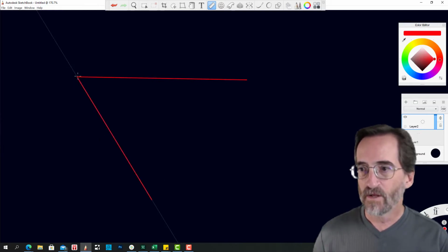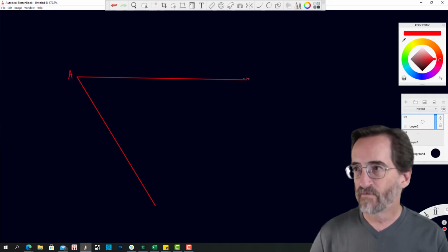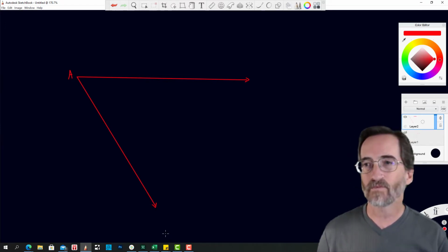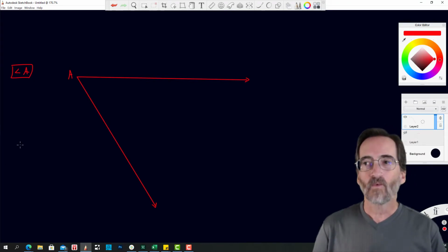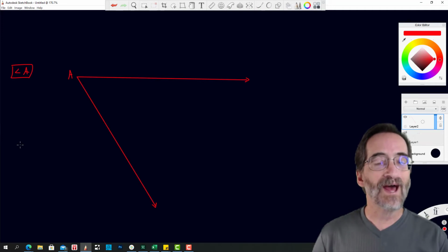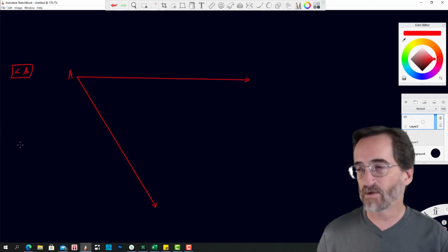Okay, so here we have an angle with a vertex A. And my task is to construct another angle. By the way, symbolically, we represent that as angle A. Now we want to construct another angle, say call it angle B, that has the same measure, that is a copy of angle A.